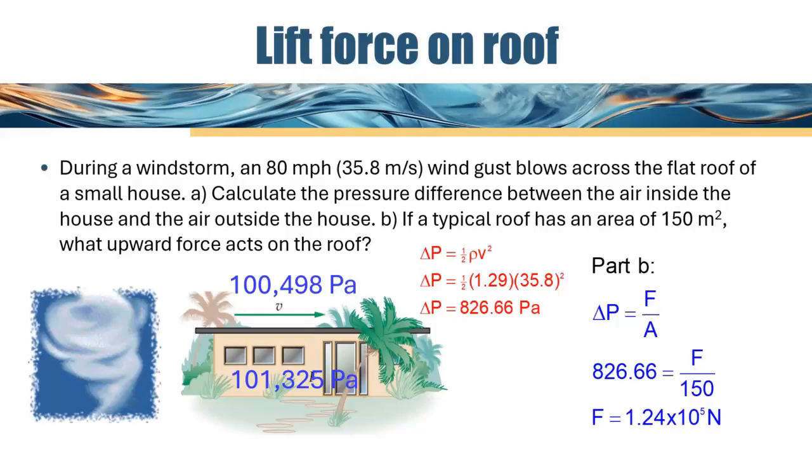It's the pressure difference that creates this upward force. And so the area is 150, and the force acting on the roof is 1.24 times 10 to the 5th newtons. So this pressure difference creates an upward force and can blow the roof off of a house, which is something that's commonly seen in tornadoes or in hurricanes.